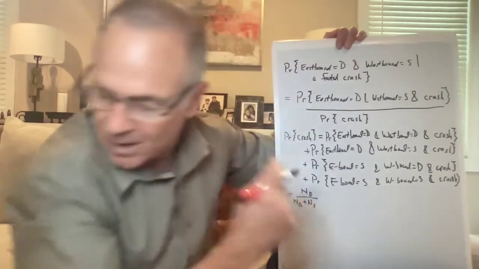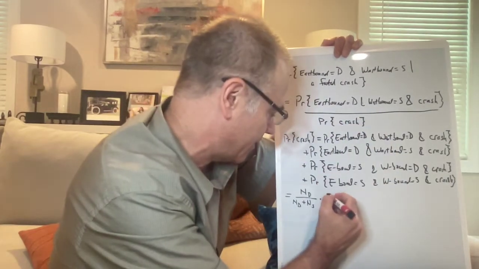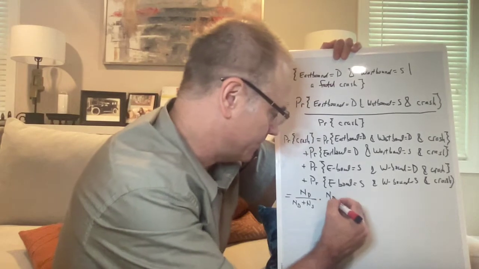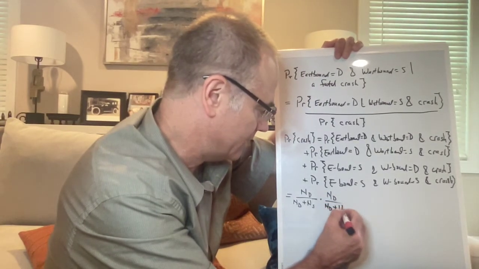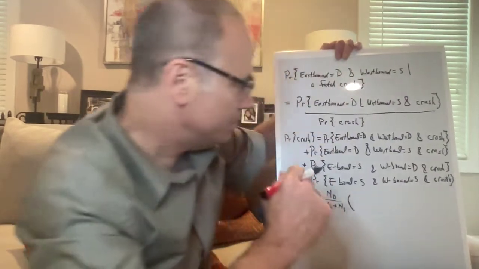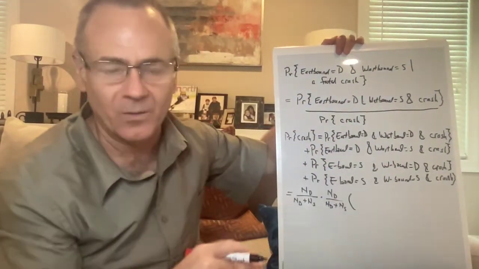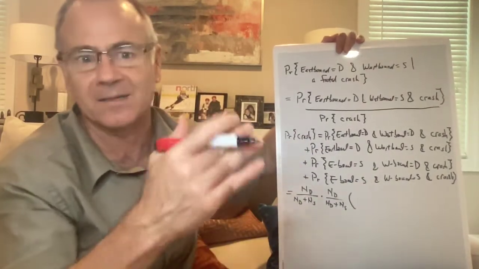ND times the probability the westbound driver is drunk, and that is ND again, divided by ND plus NS. Now the probability of a crash, given that, remember we threw away the interaction term, that theta i times theta j.